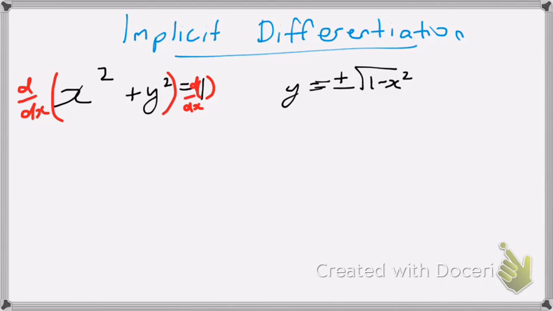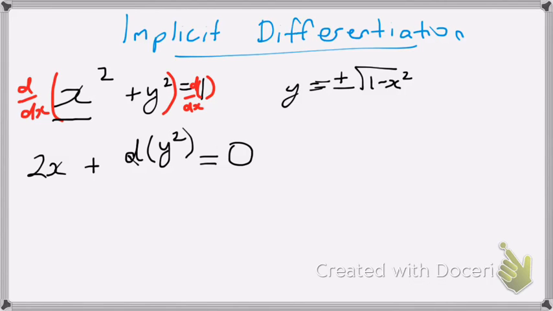On the right, it's pretty obvious, the derivative of 1 is 0. On the left, the sum of the derivatives is the derivative of the sum. So first, we differentiate x squared and we get 2x. And then we're left with differentiating y squared with respect to x.